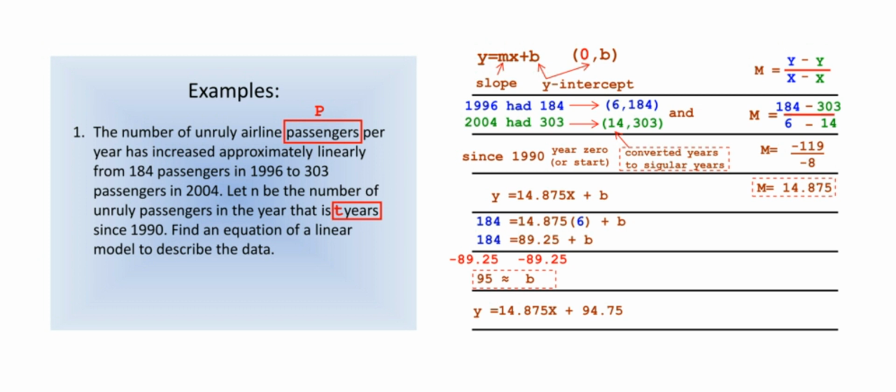Our b value should be 95 because we're talking about people. B value, we're approximately saying it's 95, and the m value, 14.875, roughly we can round it up to 15. So rounding our b value and m value, let's update our formula then to say roughly y equals 15x plus 95.